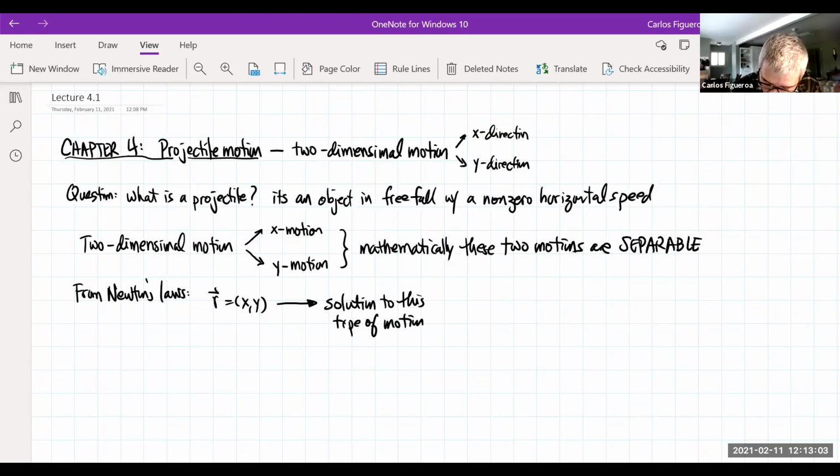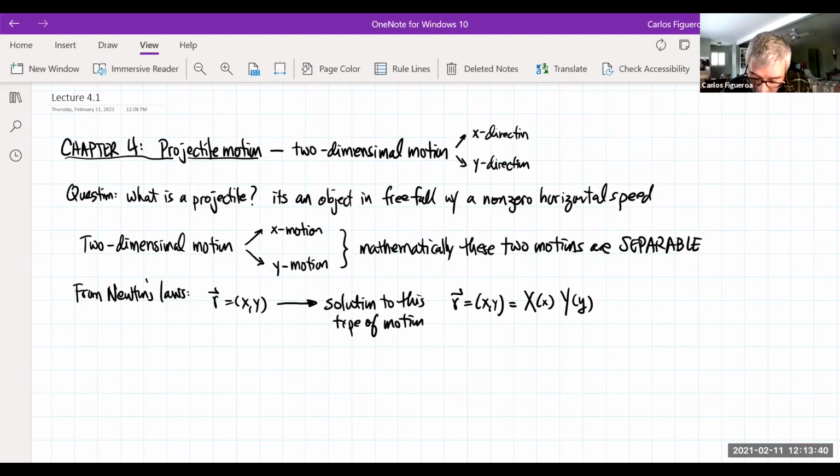What you find is that I can separate the X motion from the Y motion. In other words, in two-dimensional motion, we get two one-dimensional problems, which means that we can immediately apply everything from chapter 2.